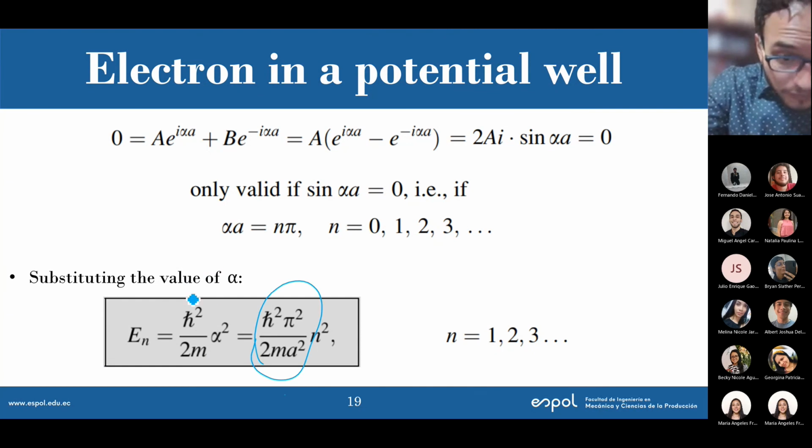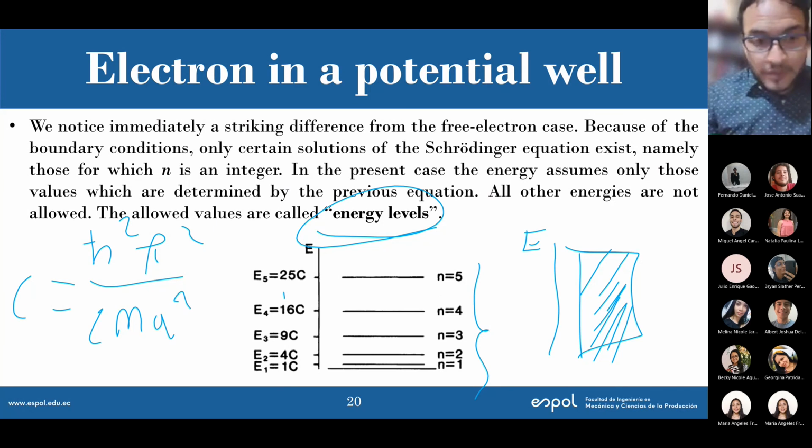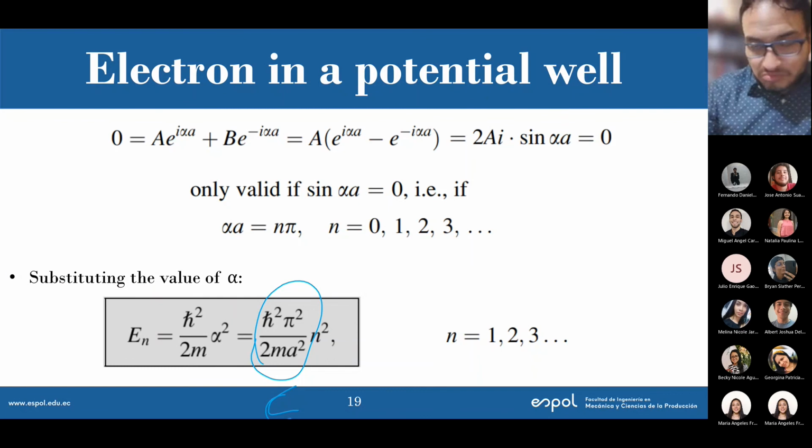C in the graph is just C. Because all of these are constants, you just group them all and call it C. It's nothing relevant. It's just C.